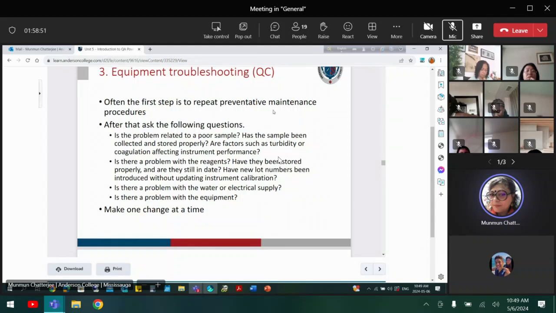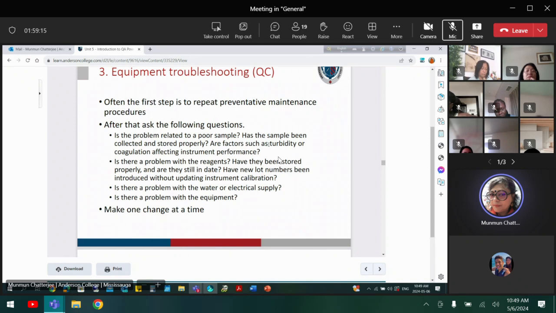First, you check whether you can solve the problem. If not, then you have to contact the manufacturer. After that, ask the following questions. Is the problem related to a poor sample? Has the sample been collected and stored properly? Are factors such as turbidity or coagulation affecting instrument performance?